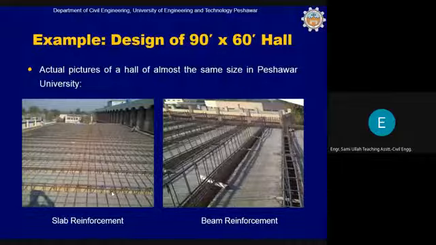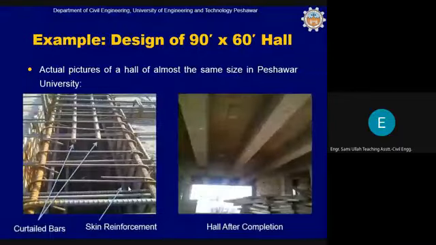Skin reinforcement can also be seen here, to the depth of the beam. And this is the finished product. You can see the formwork is being removed. You can also see stirrups here. This is a column picture. Now I will show you one of the main halls that we recently designed. This is Government Girls High School, Haripur.